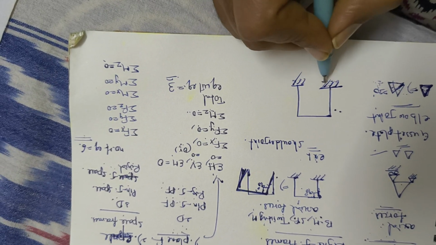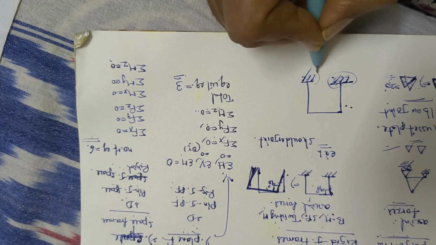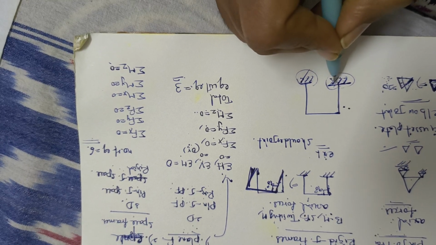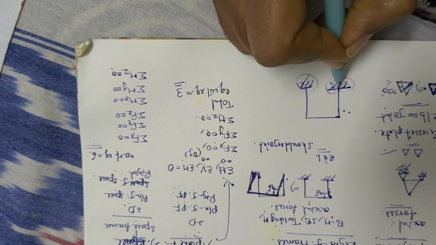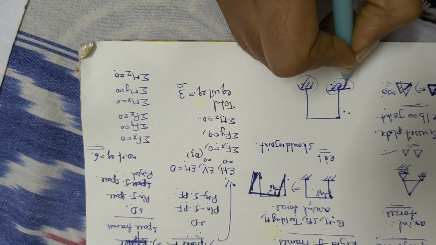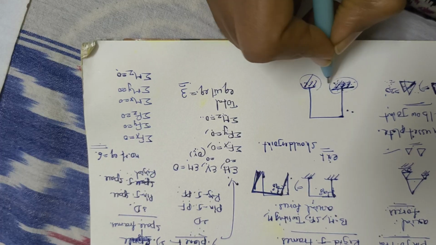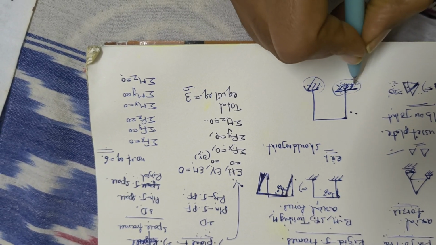That means it should be strong. At the end of the column members, the developed forces or the developed reactions at fixed supports, you have to verify.